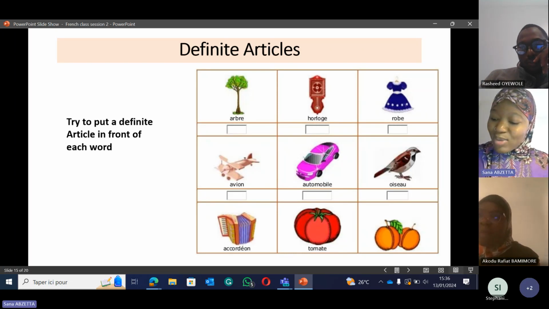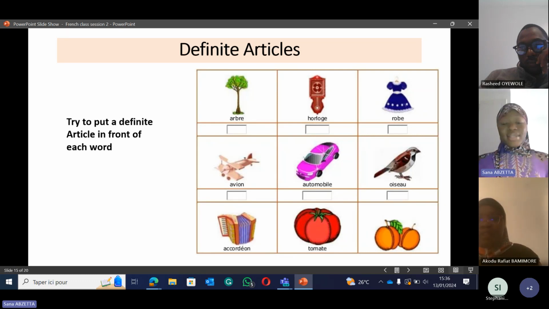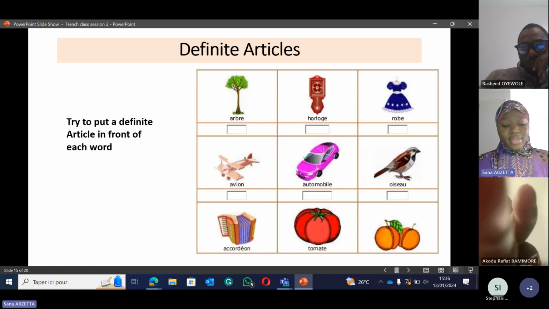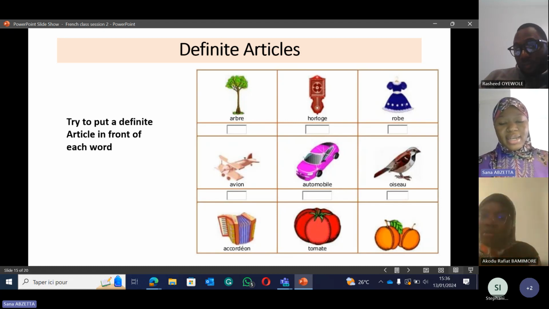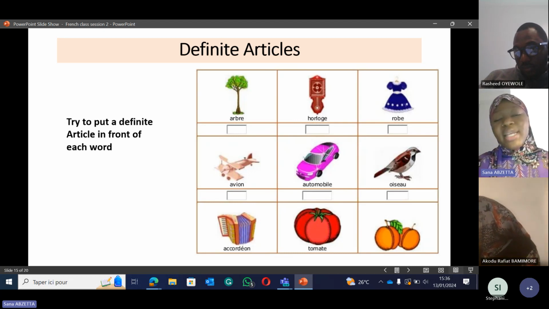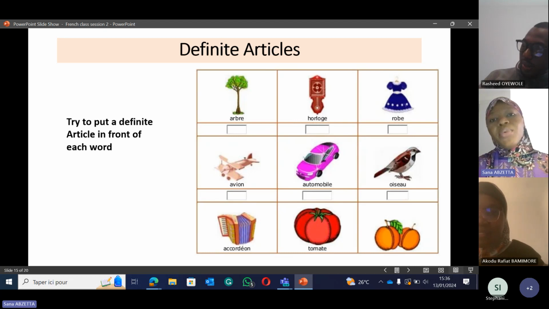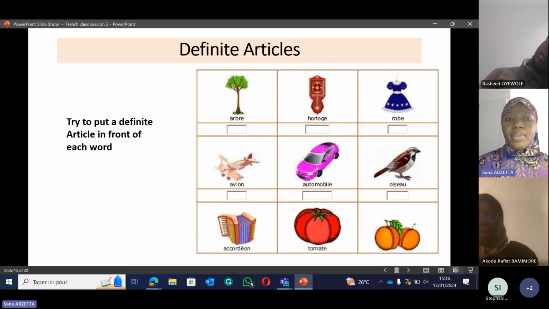So let's do a little summary before moving forward. In English, you have just one definite article, that is the, if you want to say the bottle, the book, the table, the chair, it is just the. But in French, we have to take into account the gender of the word. If it's a masculine word, you use le.